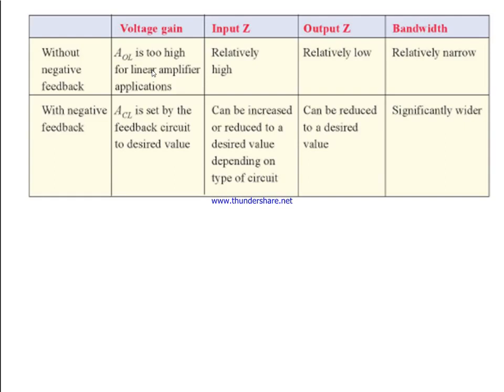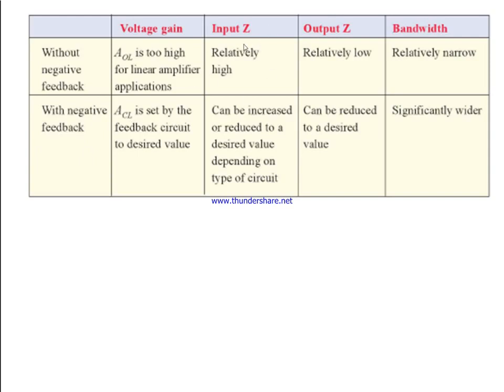Therefore, we have to decrease this open loop voltage gain. That is why we connect a negative feedback. Clear? So in the case of a practical op-amp circuit, we will always connect a negative feedback, then the ACL will be low.